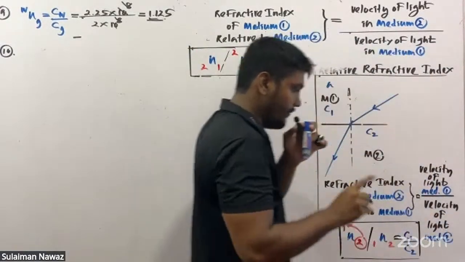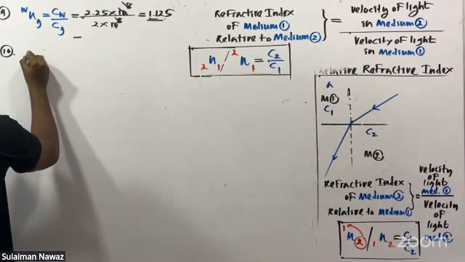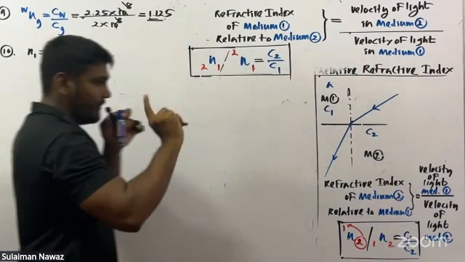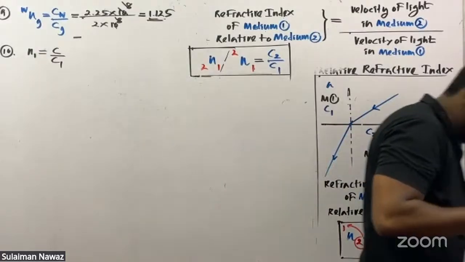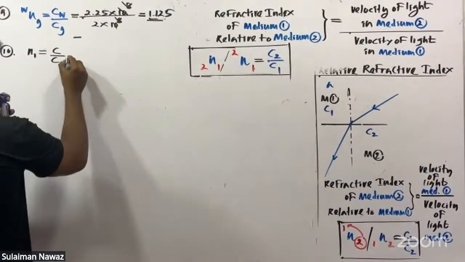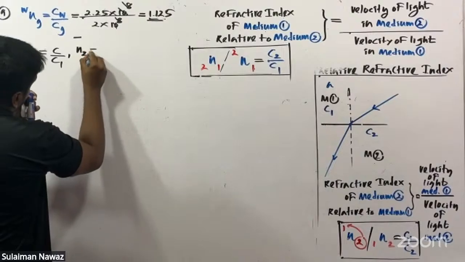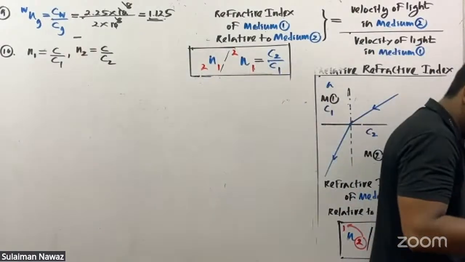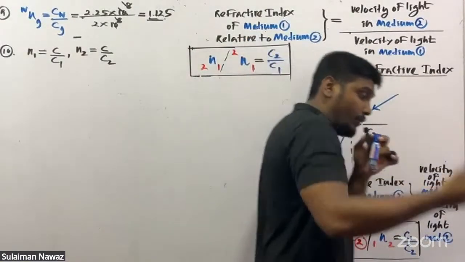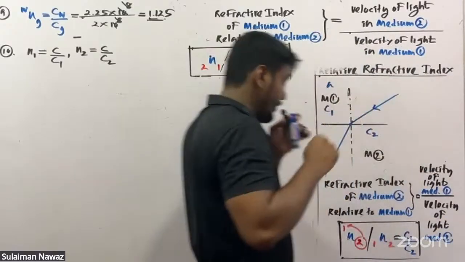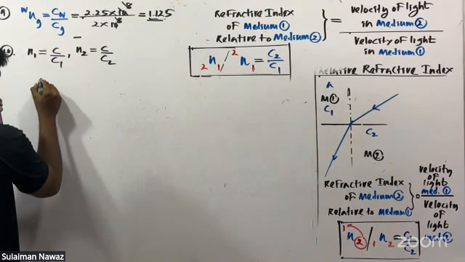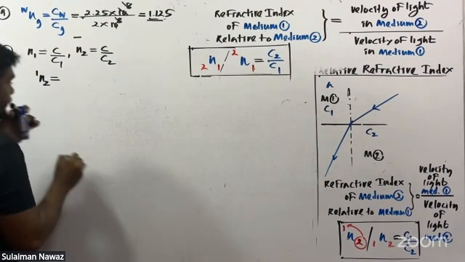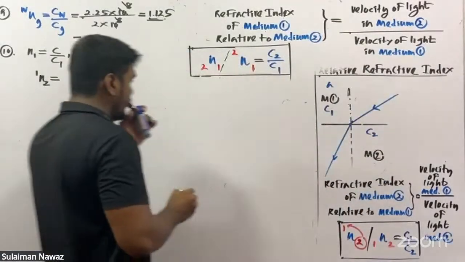Given data: N1 is C over C1, N2 is C over C2. What they're asking us to show is that the refractive index of medium 2 relative to medium 1 must be equal to N1 over N2.